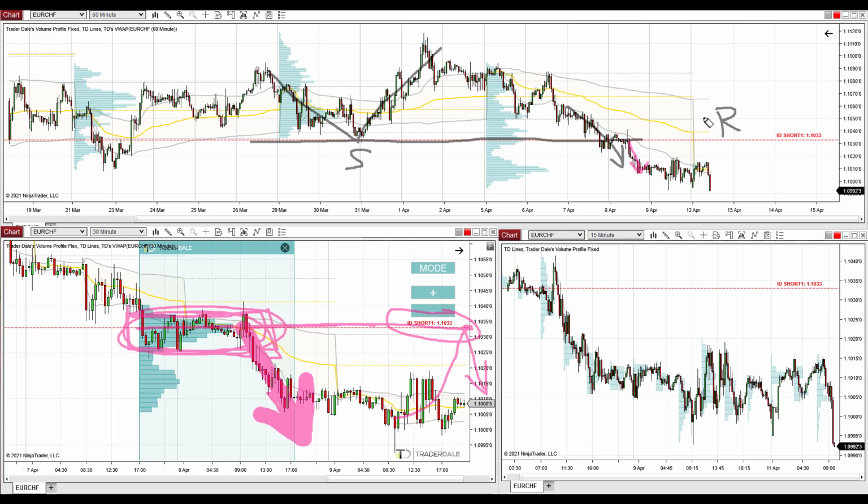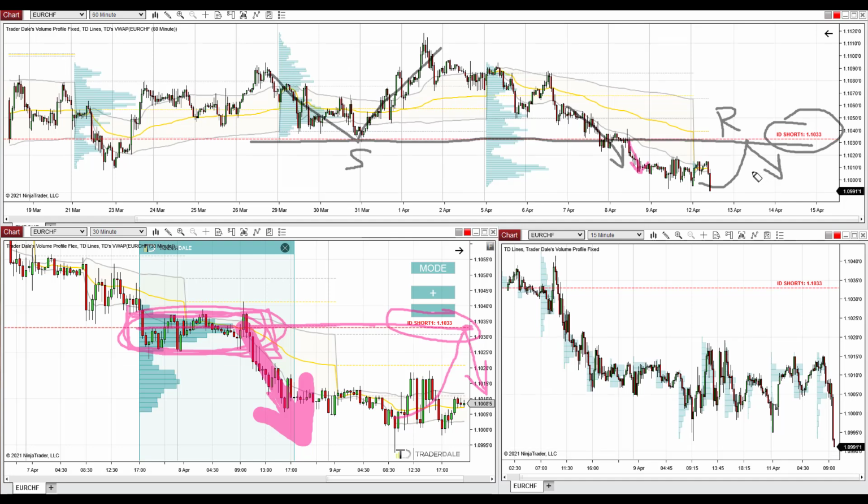All right, that's a price action setup which says that breached support turns into resistance. So at the same level, 1.1033, there is this price action setup which says that support became resistance, and also this volume-based volume accumulation setup. All right, so that's the reasoning for this resistance on the Euro Swiss franc.